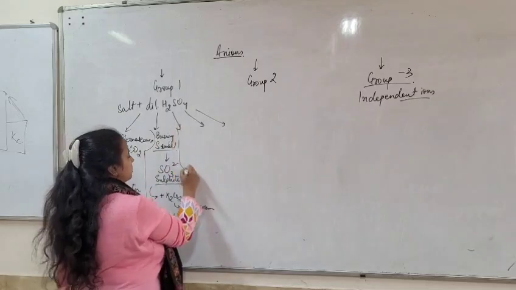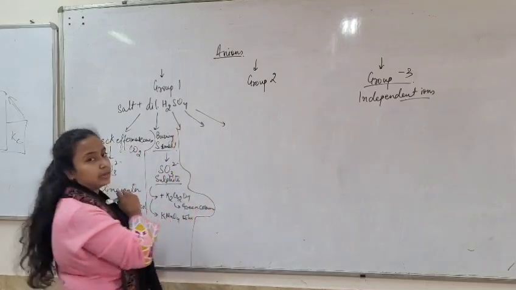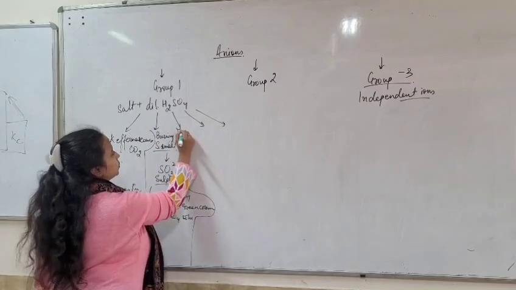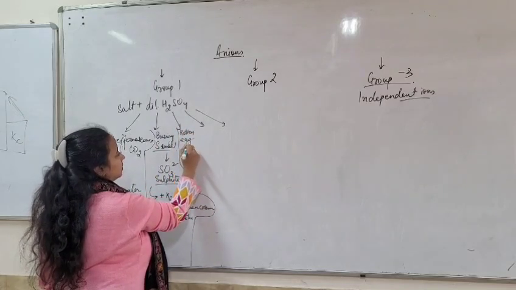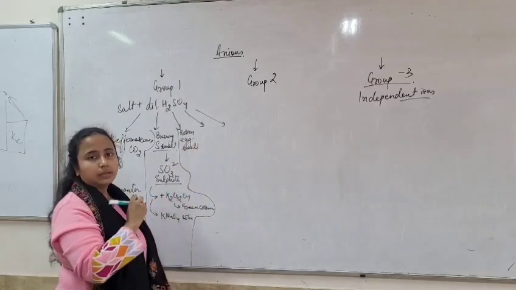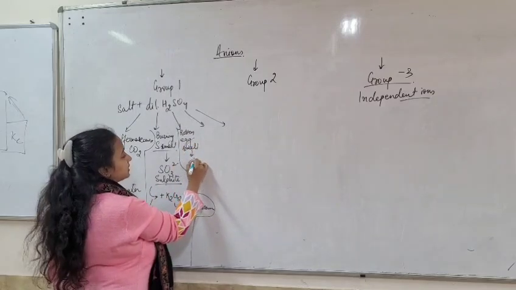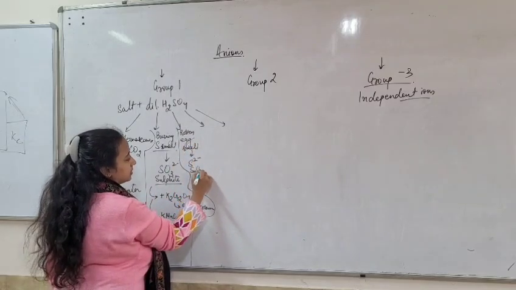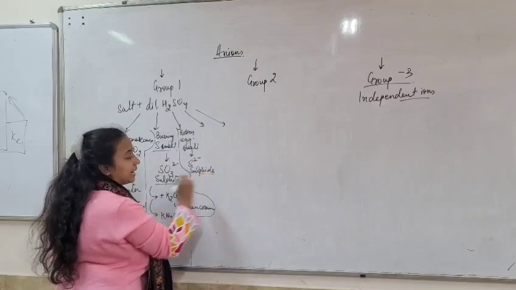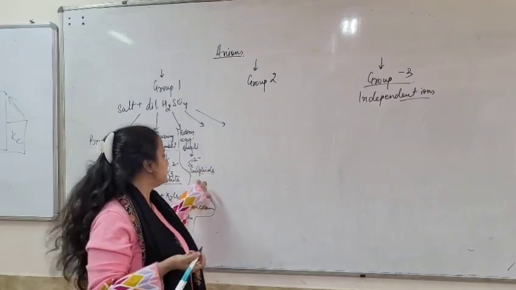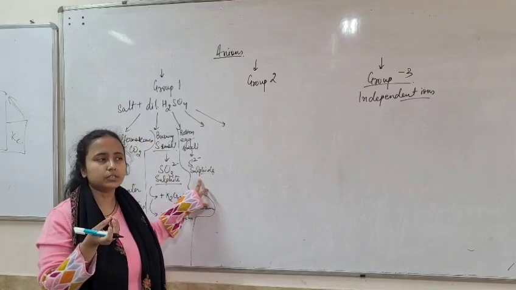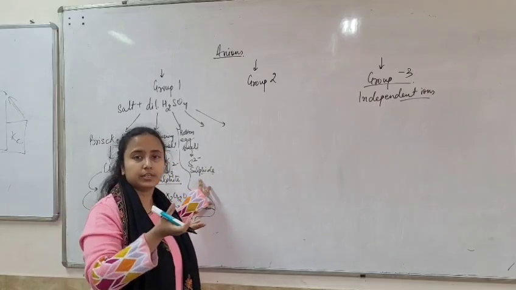The next observation that you can get is your rotten egg smell. This indicates the presence of sulfide ions. IDE, not ITE. This sulfide ion is basically giving you the smell which you get near the sewage area.